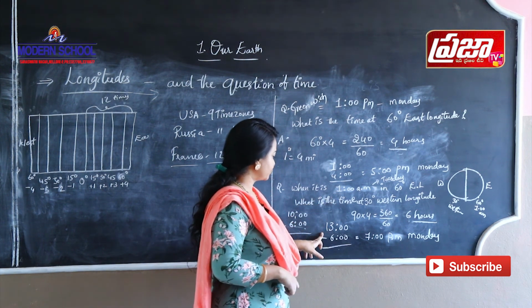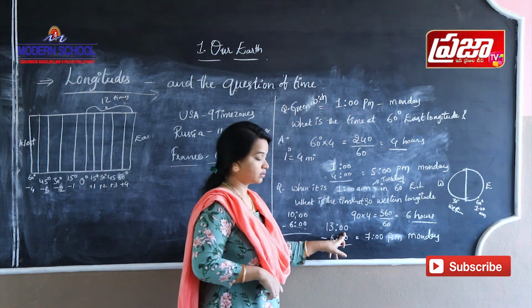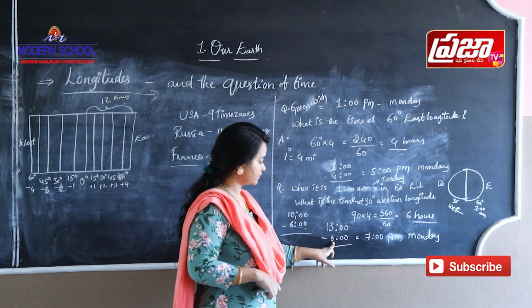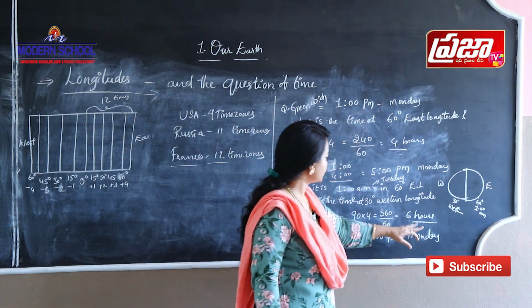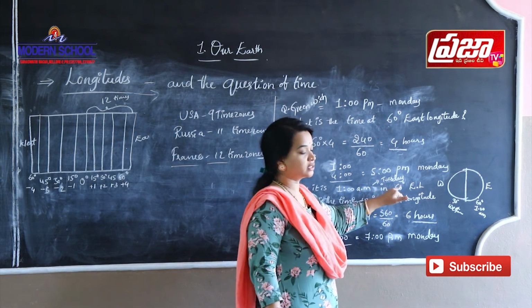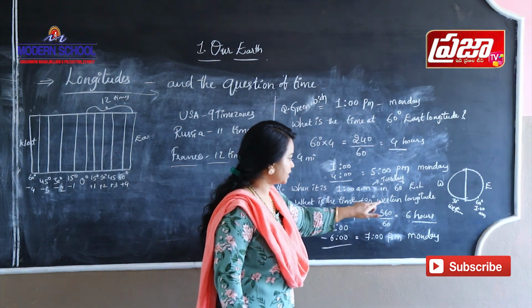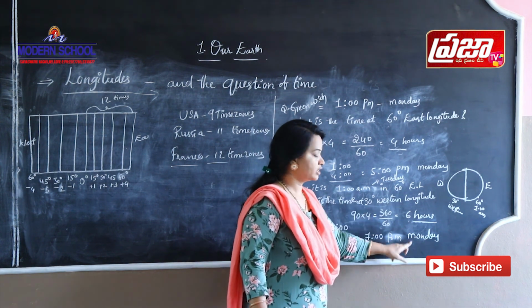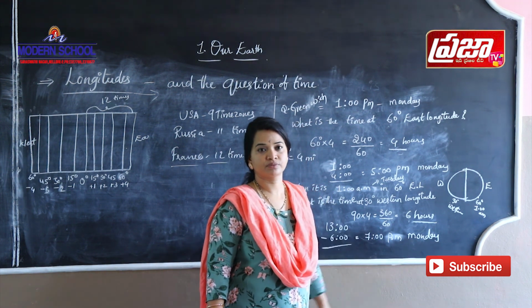Convert it, you will get 13. It means 13, minus the 6 hours, and the time is 7 p.m. Monday. You just observe here, the time is 1 a.m. Tuesday at 60 degrees eastern longitude, and at 30 degrees western longitude, the time is 7 p.m. Monday. So here the day is different as well as the time.